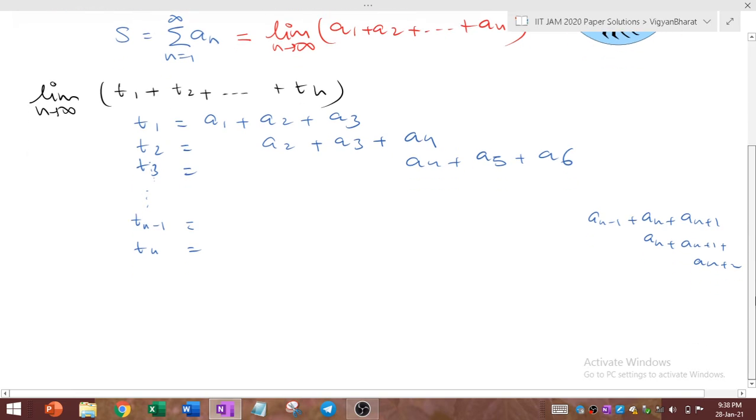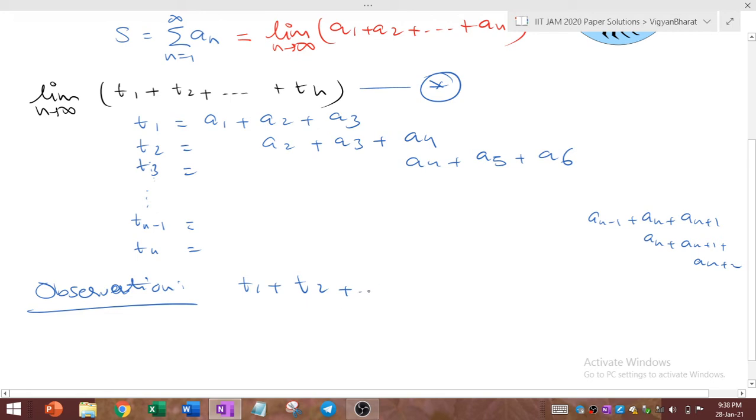From here you can make an observation. What observation can we make? Let me call this star. If you just sum this expression, T1 plus T2 plus up to Tn, what will it be?